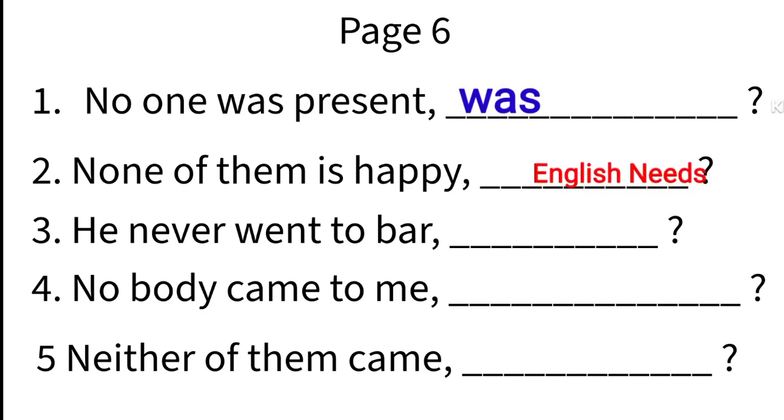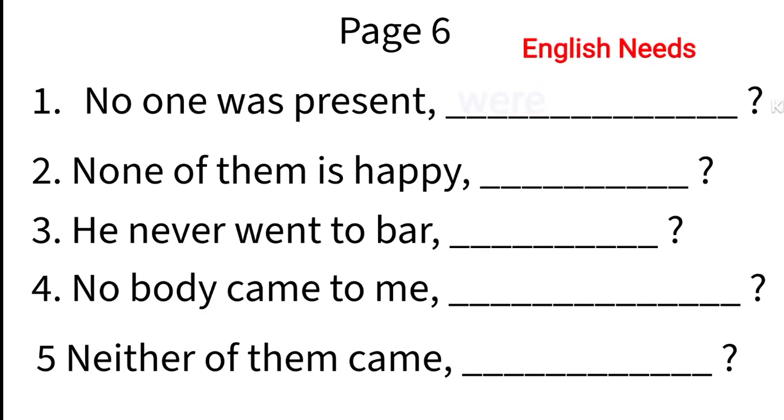When it comes to subject verb agreement, no one is considered as singular. But when you take the context, it becomes a plural. No one was present itself means that there were more people to come, but nobody came. Since the expected people were more, it is plural.